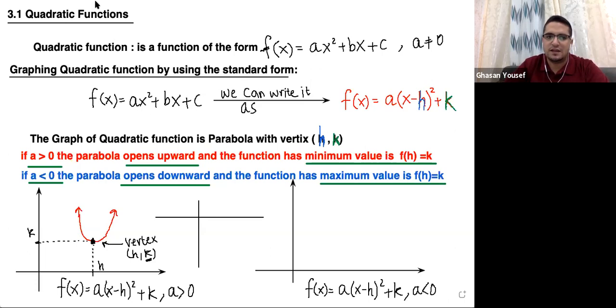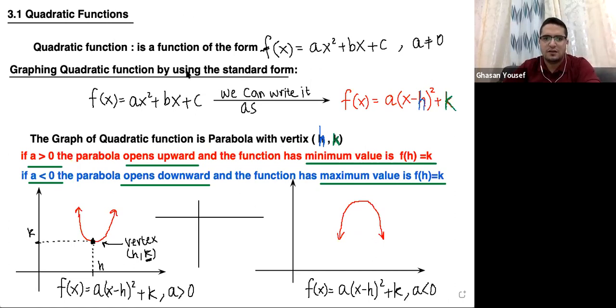Okay, for the second Cartesian plane, my a is negative. So when a is negative, this means the parabola opens downward. Okay, so the graph should be like this, similar to the first one, but opening like this. This is my parabola.